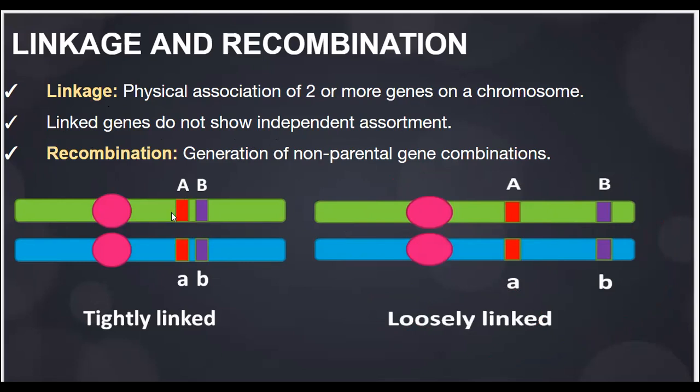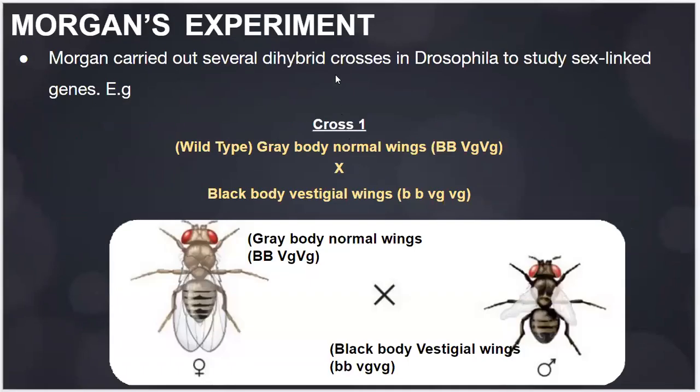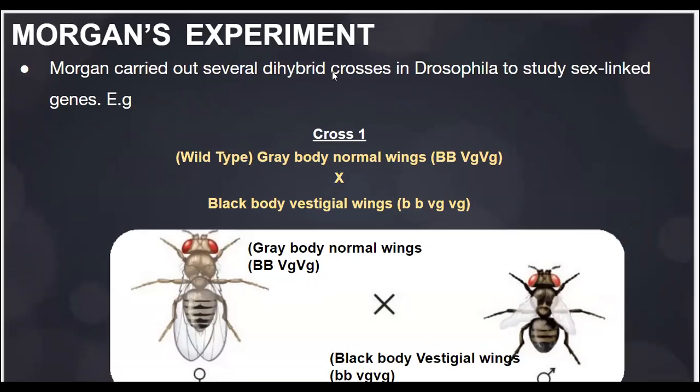Complete is tightly linked, with no distance between the two, and loosely linked means more distance, located farther away on the same chromosome. You will get recombinants in the loosely linked case, and parental types of progeny in the tightly linked case. So Morgan carried out the experiment to find out complete and incomplete linkage. Now we have just understood the definition.